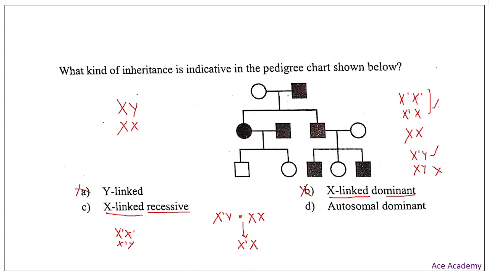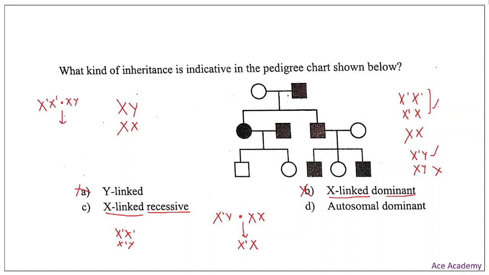Now here, how can we use this information to come to a conclusion if the inheritance is X-linked recessive? For that, I want you to take an affected female, that means she has the mutation on both of her X chromosomes, and mate her with a normal man. That means the man does not carry a mutation on his X chromosome.